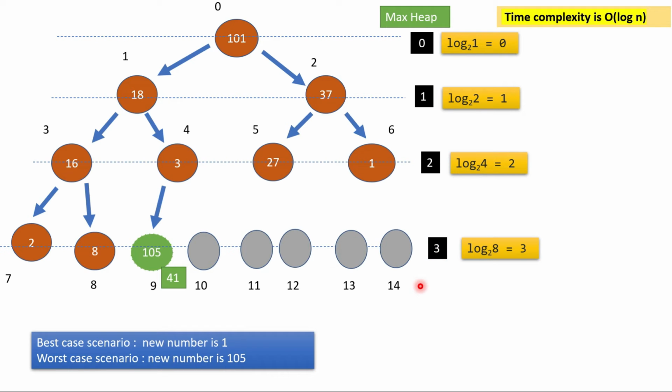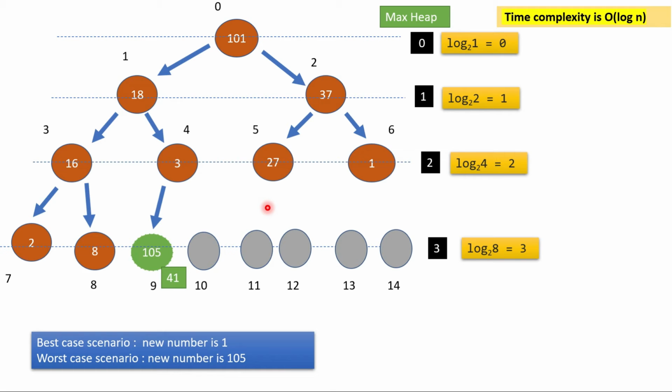If we have to add another node, the 15th node, then it will come down and create a new level. So by the number of nodes in a particular level, if I take the log of that node number, we get the level number. That's why the time complexity in the worst case scenario for insertion is log of n.